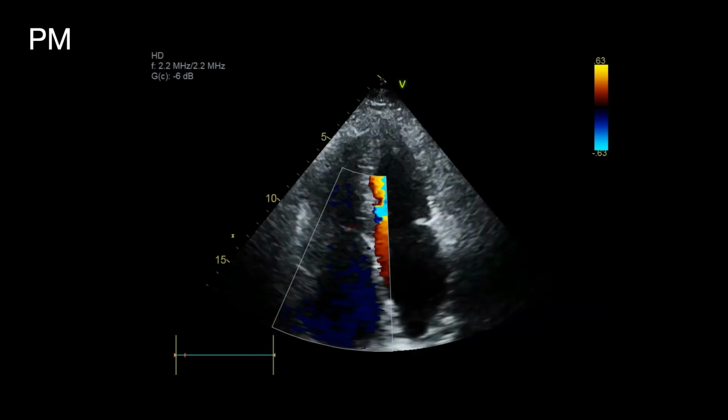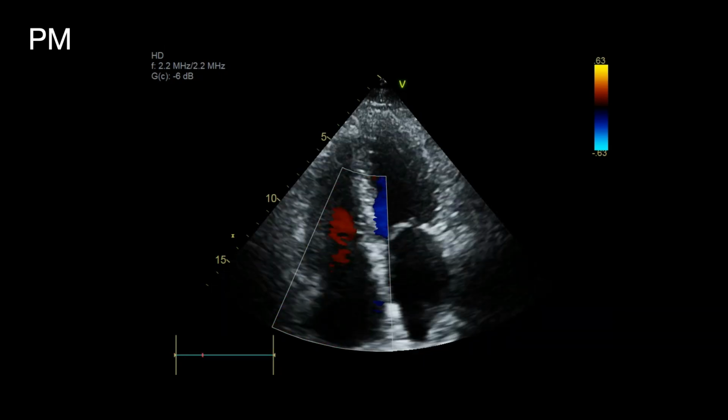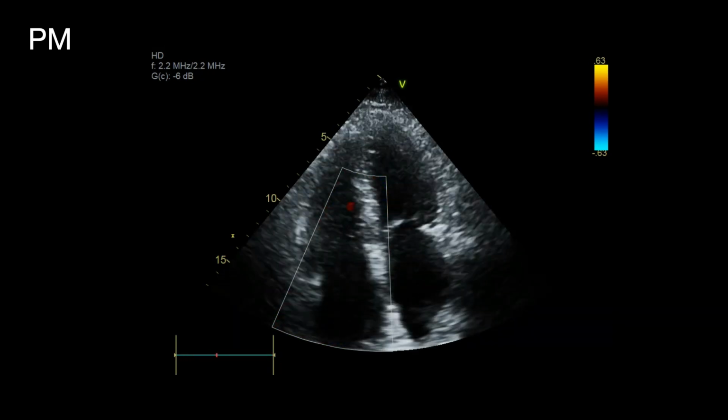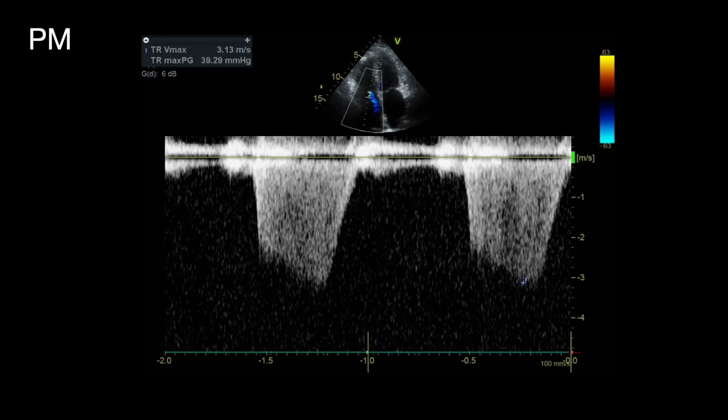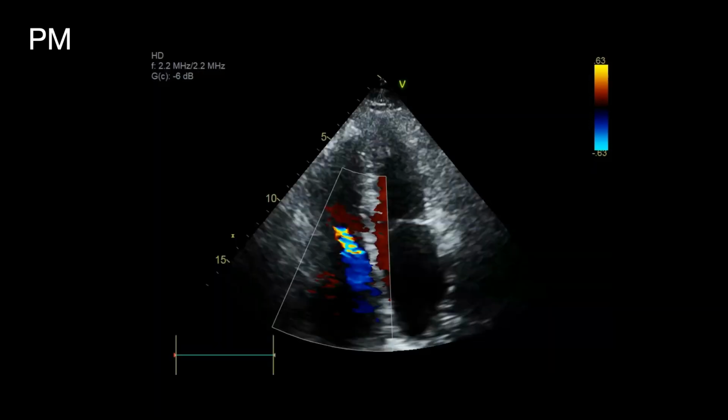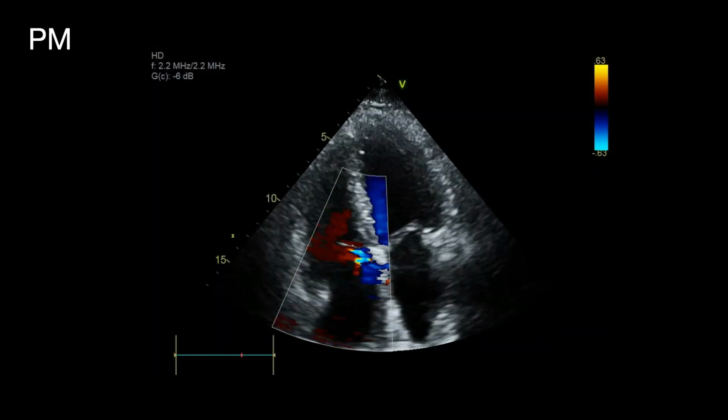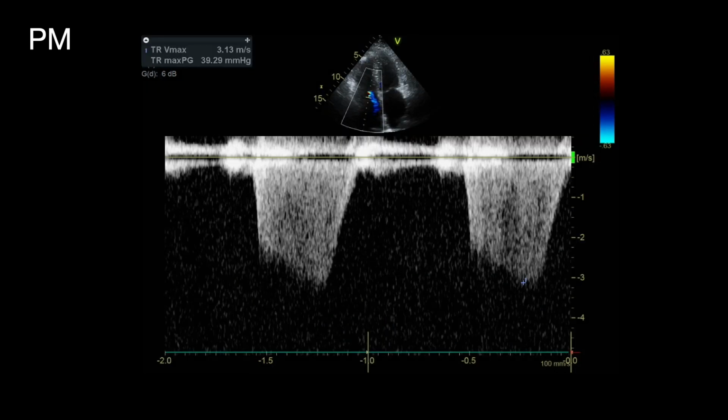And so they've managed to optimize the image a bit, and now we can see the TR jet there. And with continuous wave Doppler through that jet, we're now getting a pressure gradient of 40. And you can see here, it's a little bit hard to see, but if we just go back and look at the direction of that jet, and then in this image, compare that to the direction of the CW Doppler, which is the direction of the yellow cursor, the yellow dotted line.